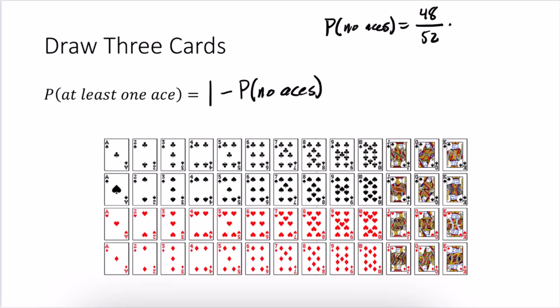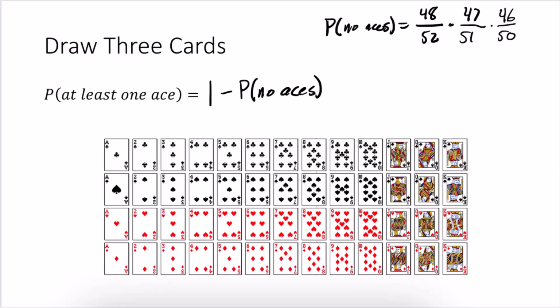Then, for my second card that I draw, if I'm not replacing it, I will have 51 cards to choose from, and 47 of them will not be aces, because remember, you assume that you drew what you wanted the first time. So I draw a non-ace, which leaves 47 non-aces, and then for my last card, I'll have 46 non-aces out of 50 cards total. So I'll calculate what that would be.